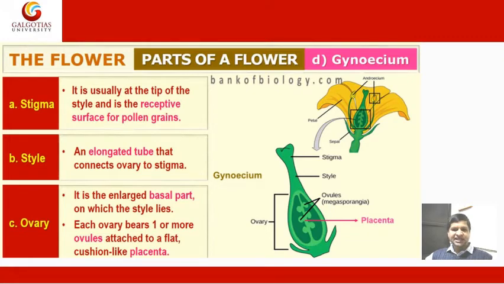Stigma is generally at the tip of the style and is the receptive surface for pollen grains. Style, an elongated tube that connects ovary to stigma. Ovary, it is the enlarged basal part on which the style lies. Each ovary bears one or more ovules attached to a flat cushion-like placenta.